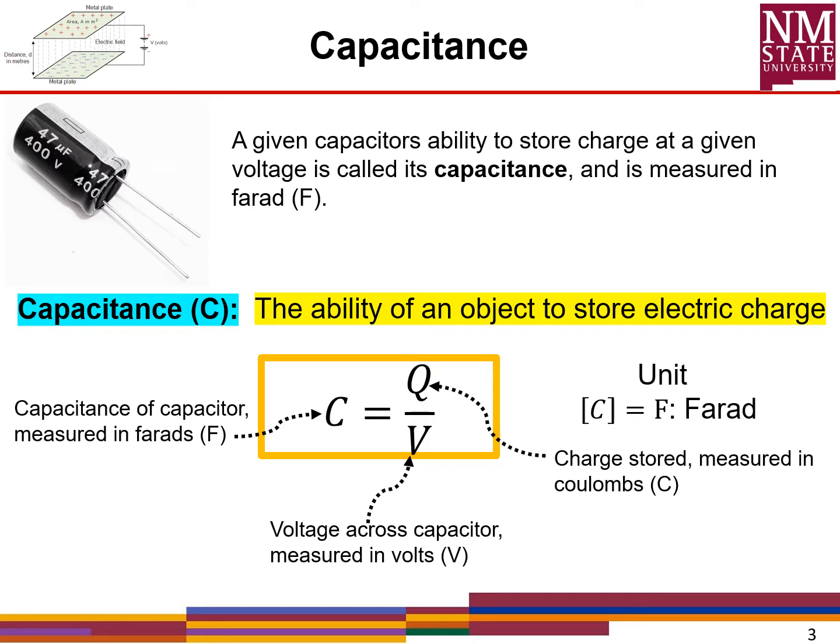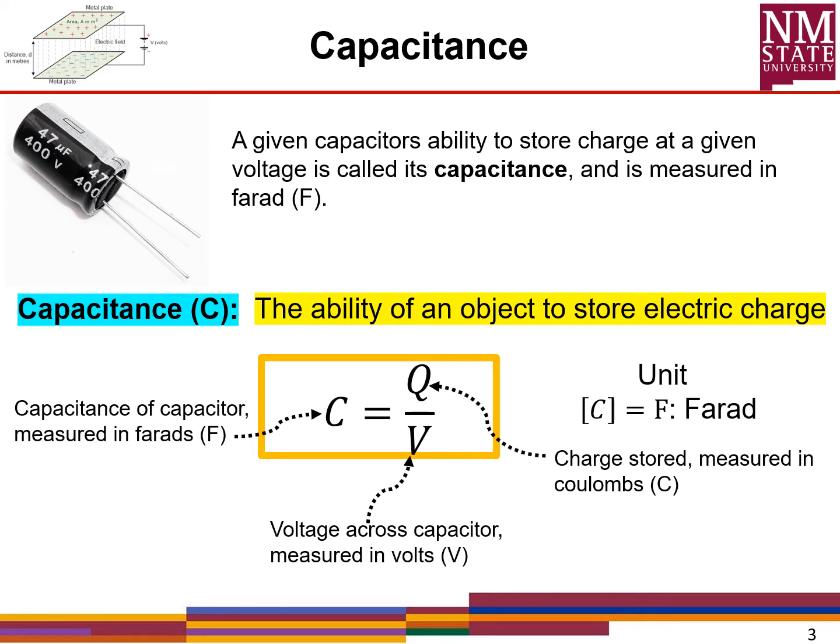A given capacitor's ability to store charge at a given voltage is called its capacitance. In other words, capacitance is the ability of an object to store electric charge. We define the capacitance, capital C, as the ratio of the change in electric charge of a system to the corresponding change in its electric potential.